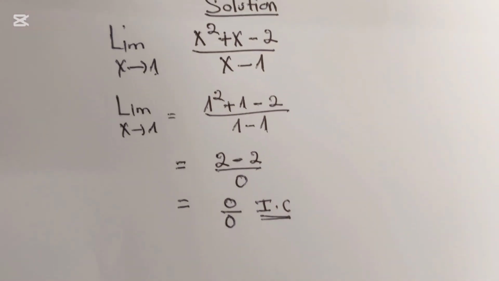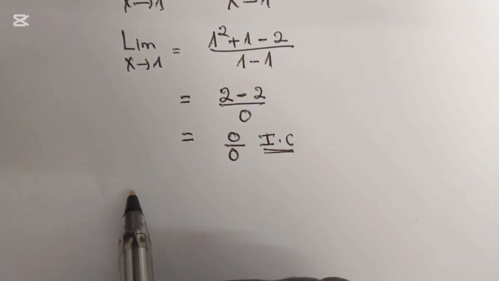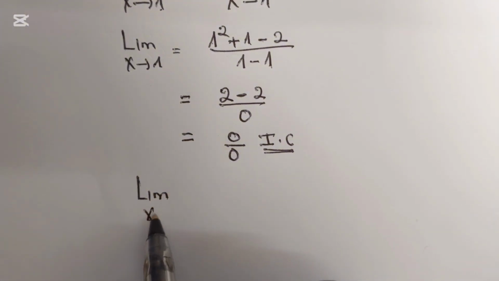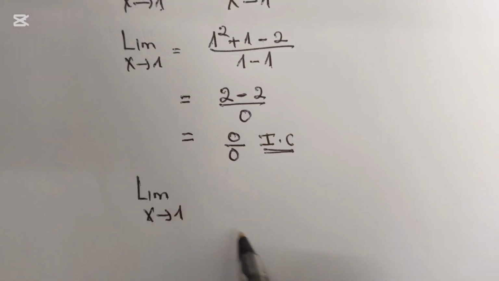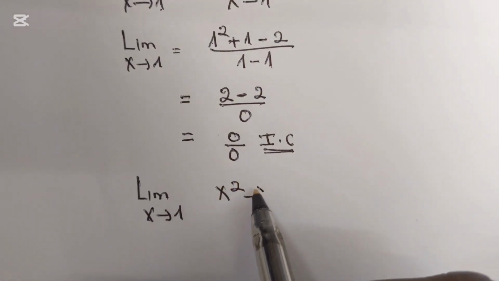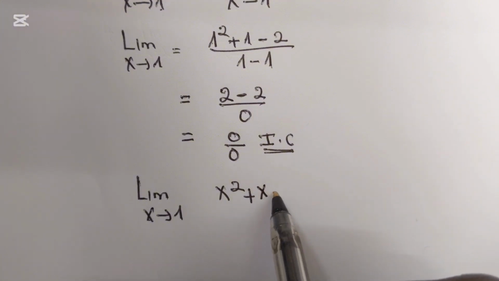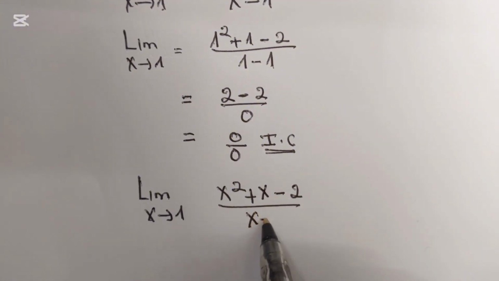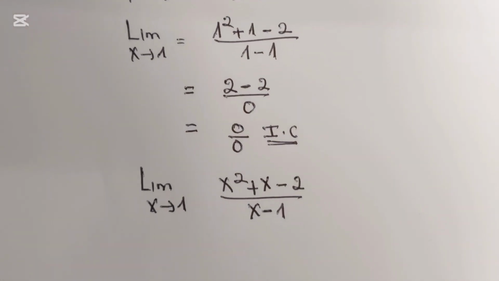So what we are going to do is to copy again the limit of x approaching 1 of x squared plus x minus 2 over x minus 1.